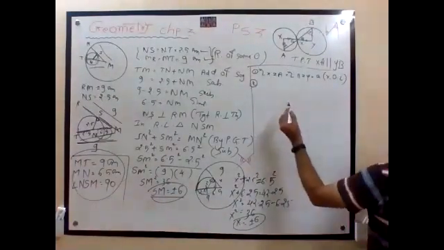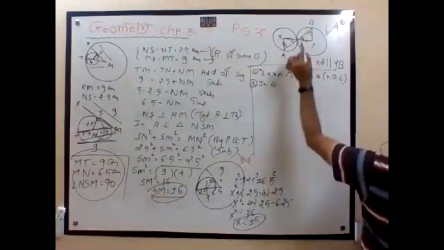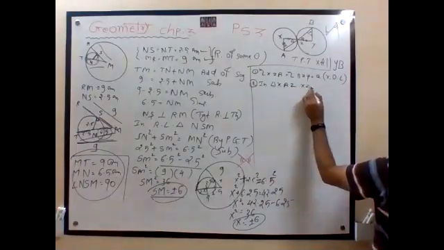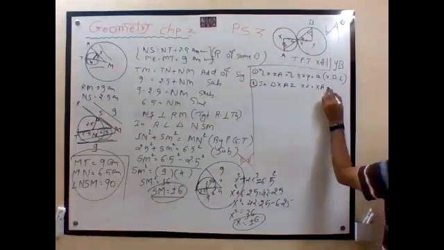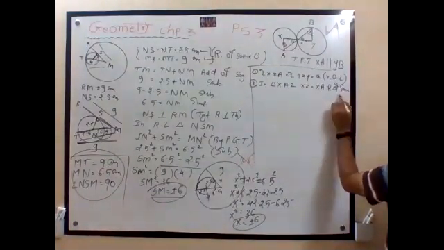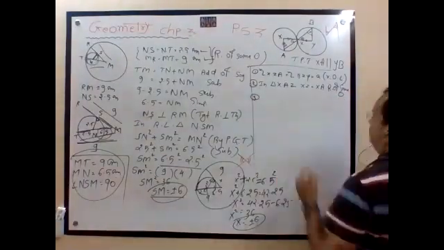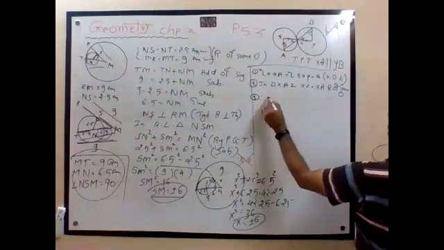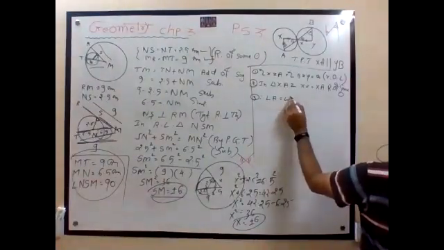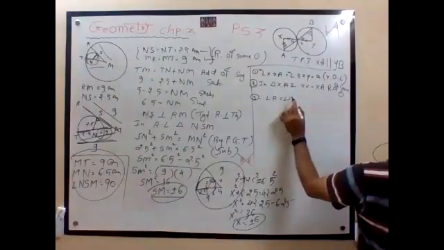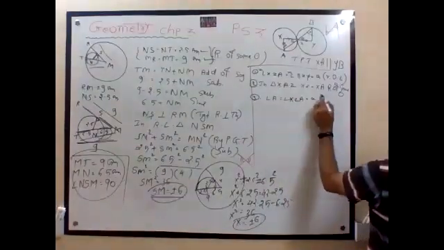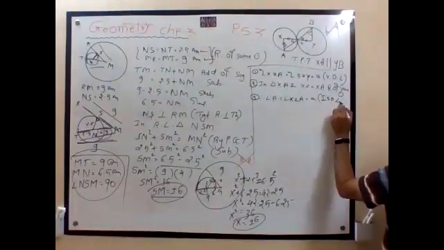Next, in triangle XZA, XZ is equal to XA, radii of the same circle. Therefore, angle A is equal to angle XZA. Angle XZA is equal to A. Isosceles triangle.